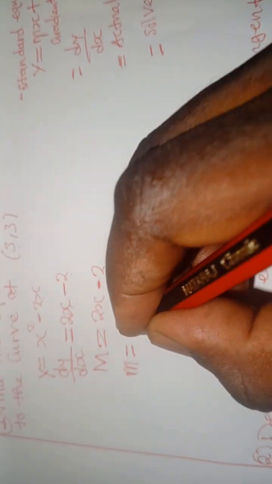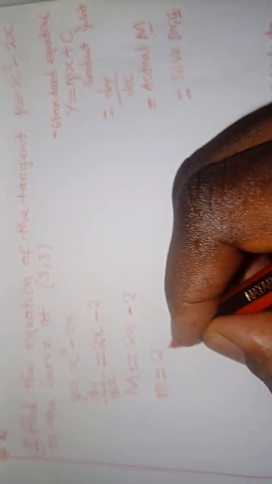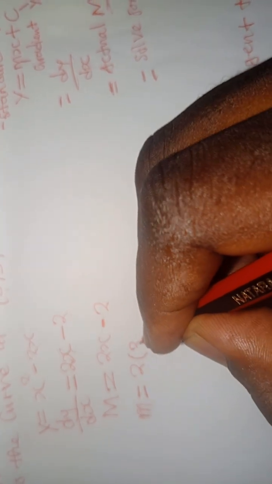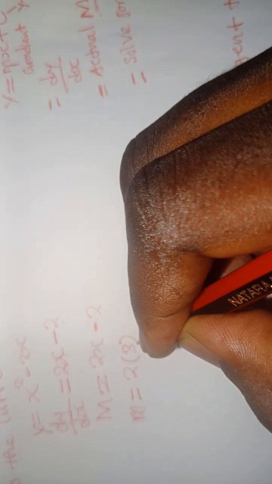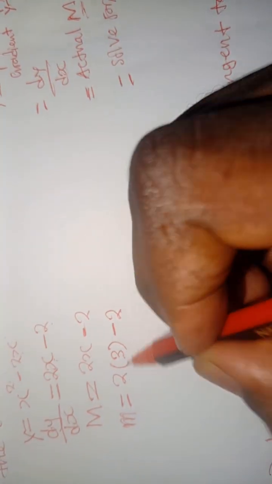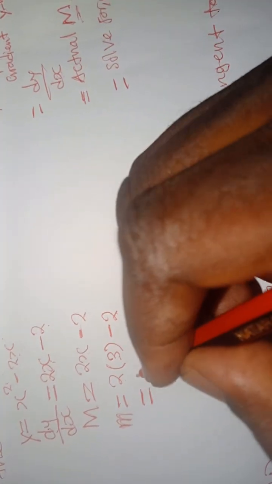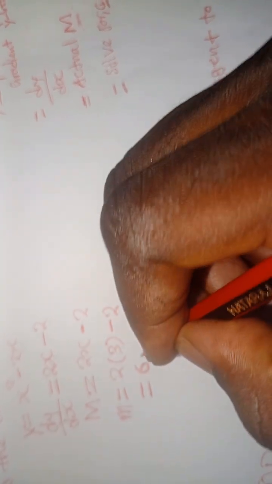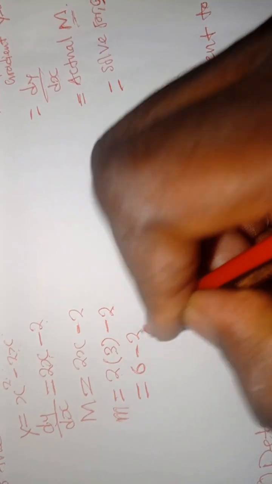So where there is x here, we shall put 3, which will now tell us that m is equals to 2, open brackets, in the brackets we put the value of x, which is 3, close the brackets, minus 2. 2 times 3, we get a 6. 6 minus the 2 there.